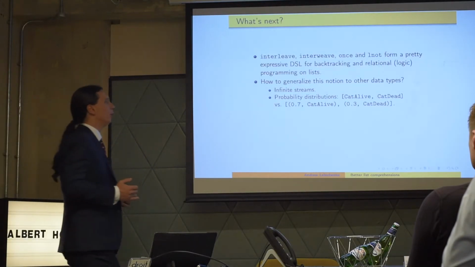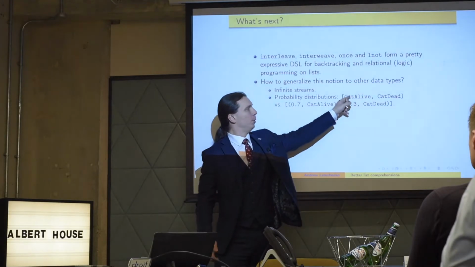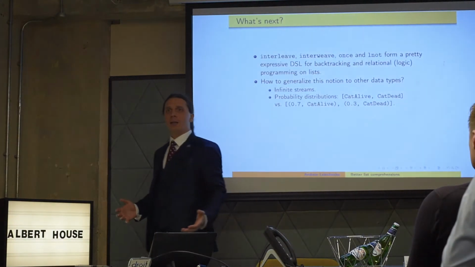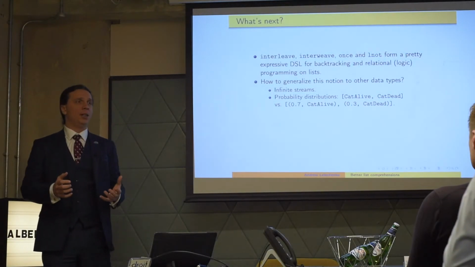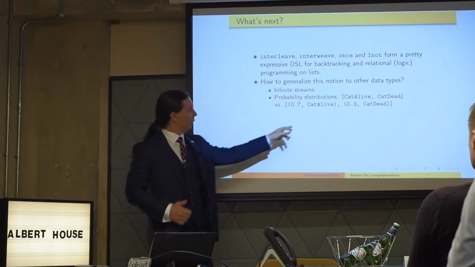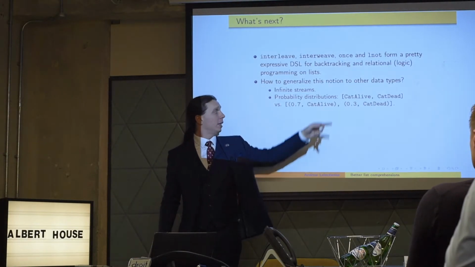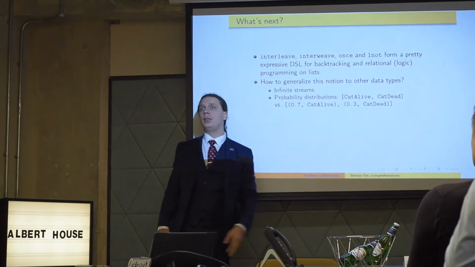And we would like not only to describe that there is a universe in which the cat is alive and there is a universe in which the cat is dead, we would like to assign some probabilities: that the probability of this universe where the cat is alive is this one and the cat is dead with this probability.